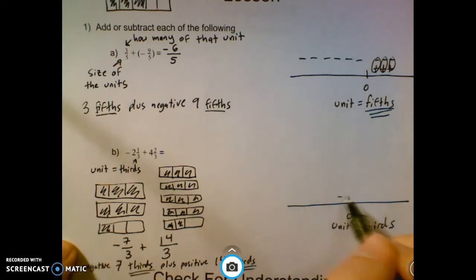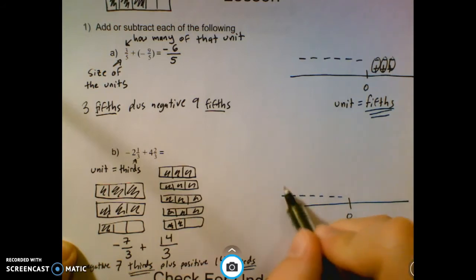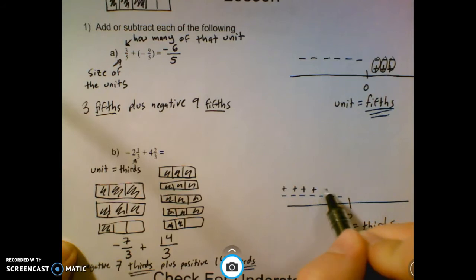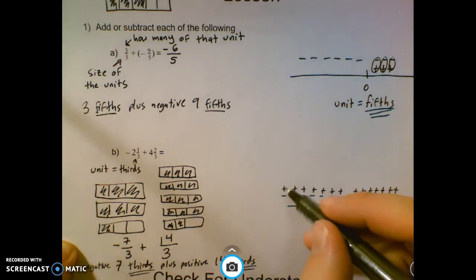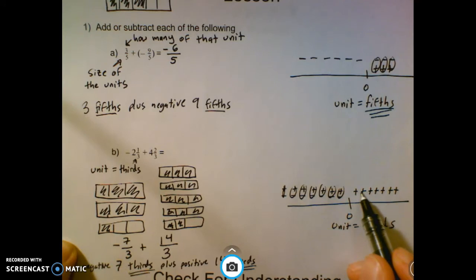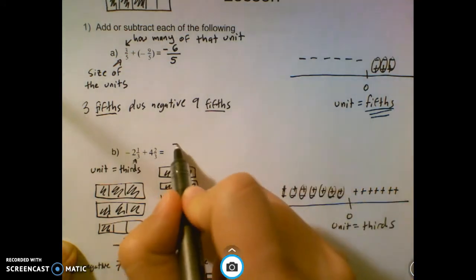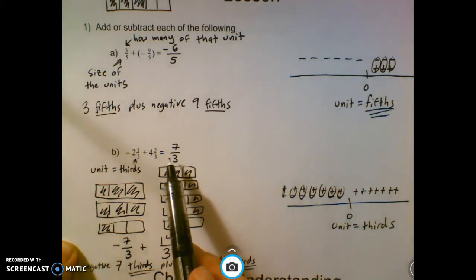And so I have 7 negatives, 1, 2, 3, 4, 5, 6, 7. I have 14 positives, 1, 2, 3, 4, 5, 6, 7, 8, 9, 10, 11, 12, 13, 14. Those have all paired up to become 0. And I can see I have 1, 2, 3, 4, 5, 6, 7 positive thirds left over. So that 7 thirds is my answer.